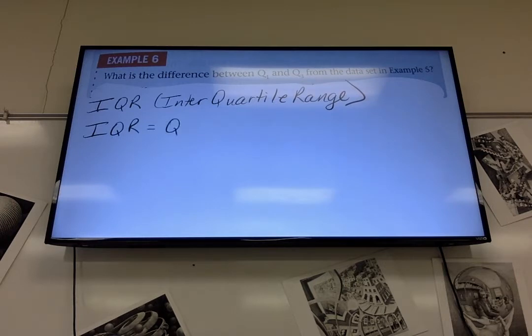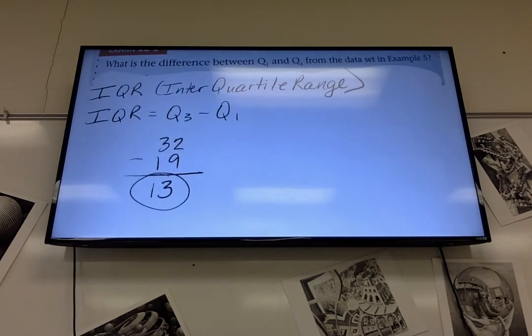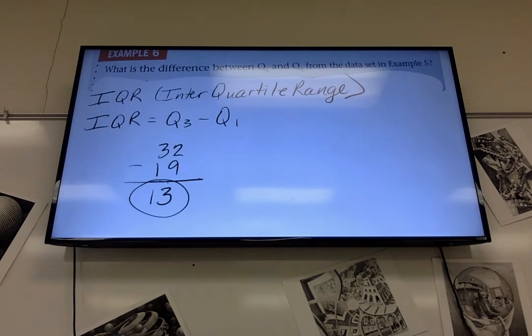And it's just Q3 minus Q1. So that's 32 minus 19.